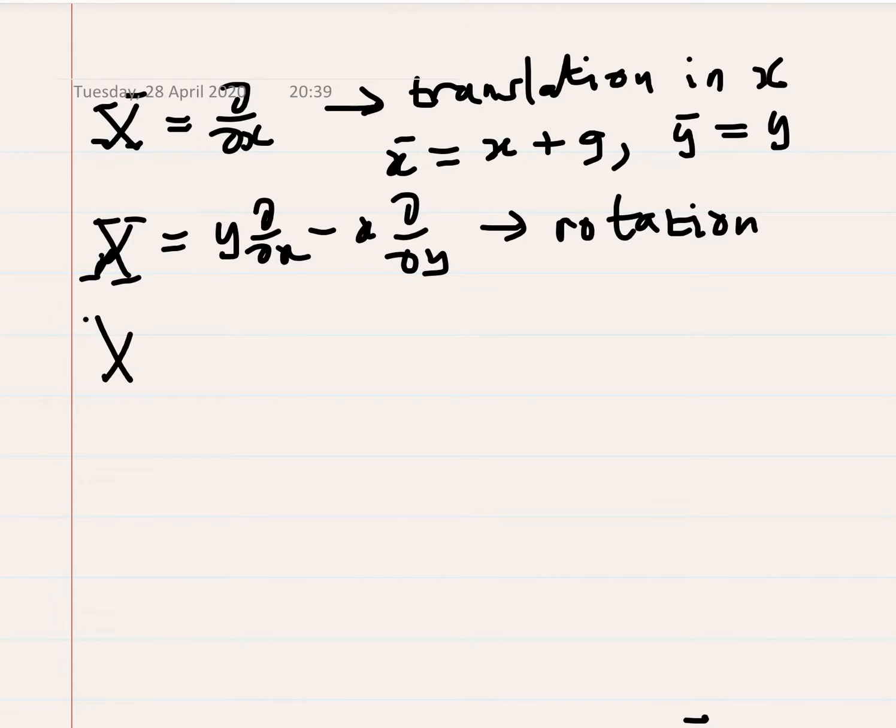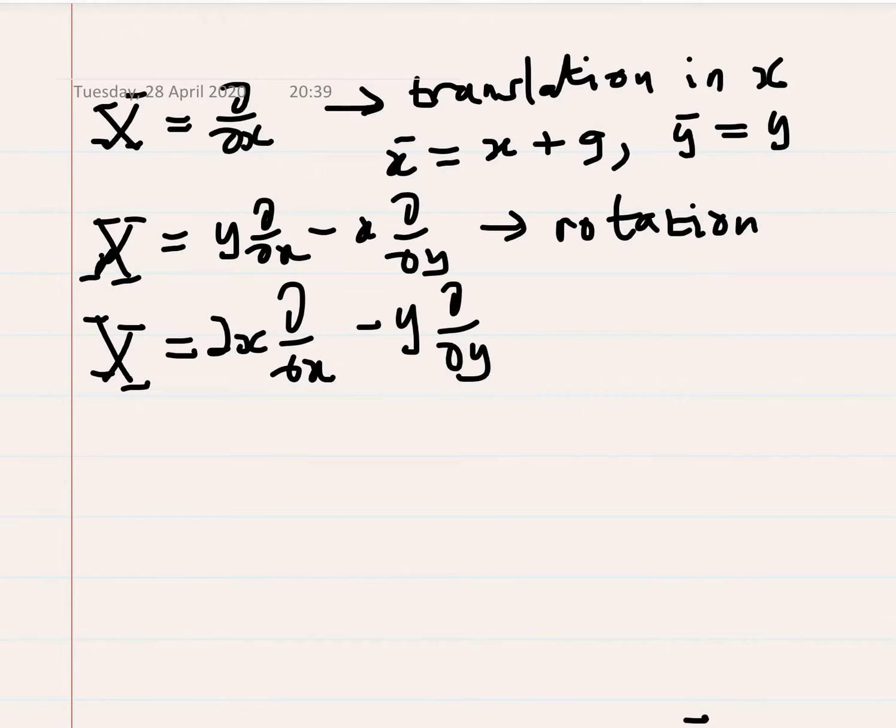Another standard one that we come across quite often is scaling or reduction. So this is scaling up or scaling down. For example, if you have 2x d by dx, that will be scaling up in the x direction and then scaling down in the y direction because of the negative sign.